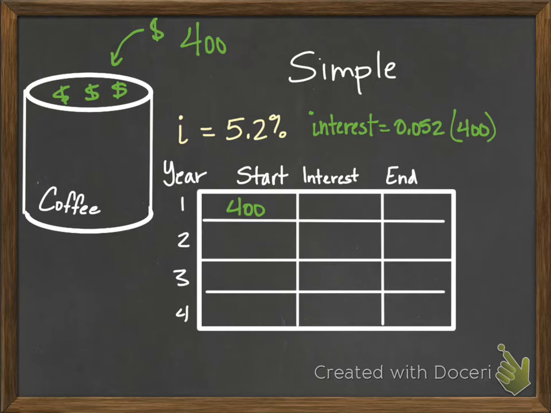So if you put a CD for 5 years, or let's say 4 years, we're investing for 4 years. Once you put your money in and you agree to a time period, you can't get your money back out. So if you agree to 4 years, then your money stays there for 4 years. And then at the end of the 4 years, you can get it out plus whatever interest you earned.